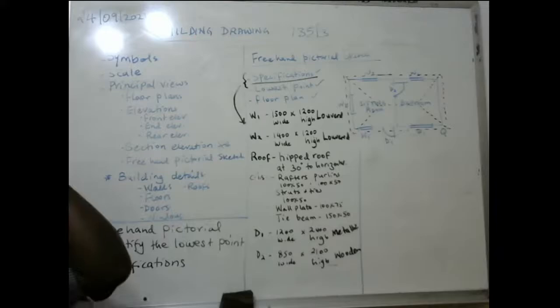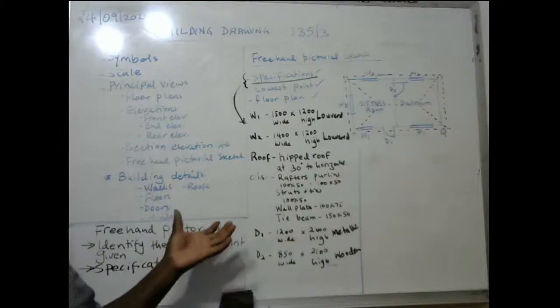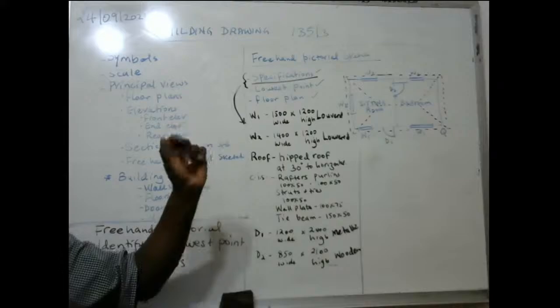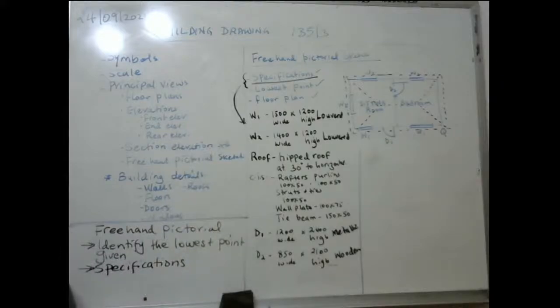But again, the purpose of the freehand pictorial is to try to get closer to the reality of how that building is likely to be. So that when you are being asked by someone regarding that particular floor plan, how would this house look when it is complete? This is the essence of the freehand pictorial. In the computer world, there is what they call artistic impression.